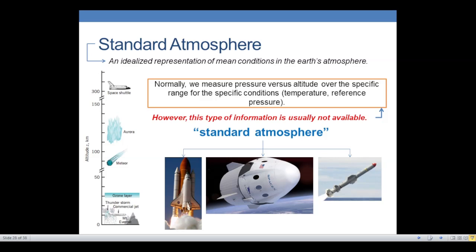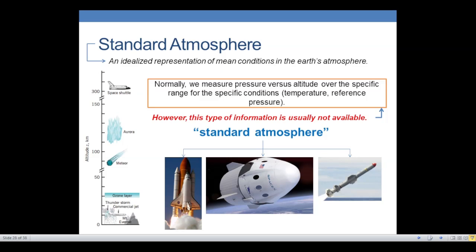Just like you can see in the slide, we have here the space shuttle, the Dragon designed by SpaceX, and the missiles. So the concept of standard atmosphere is so essential for the design of these particular spacecraft.